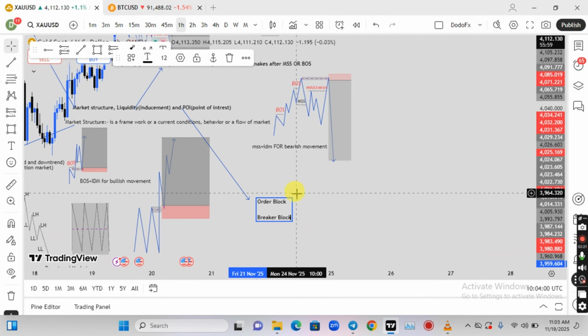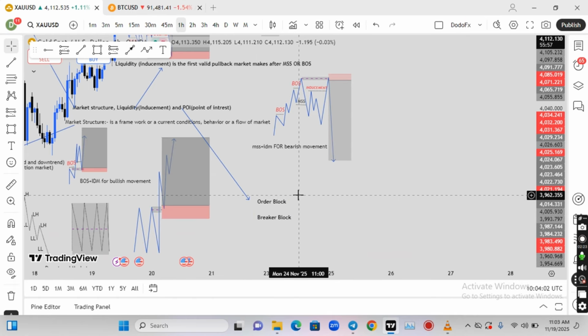So an order block is an area where big players like banks and hedge funds place their large buy or sell limit orders. Or you can say order blocks are those zones where there are a lot of institutional orders. What I mean by institutional orders is those zones where big bankers, big traders place their orders, but not us.